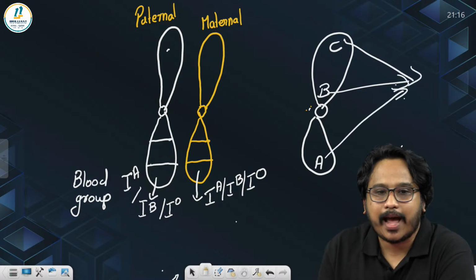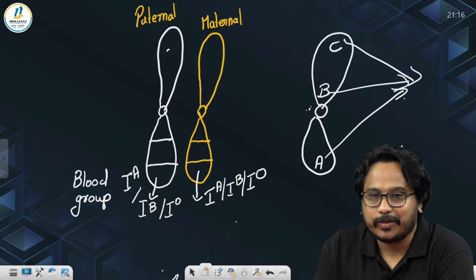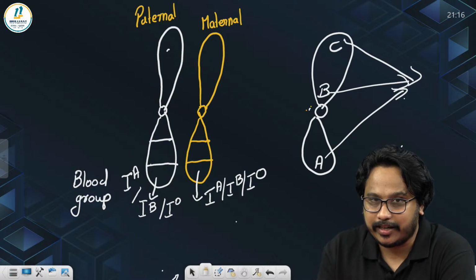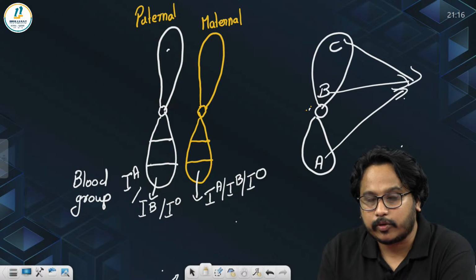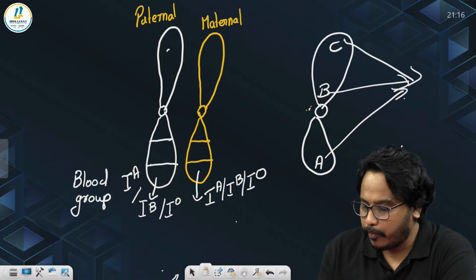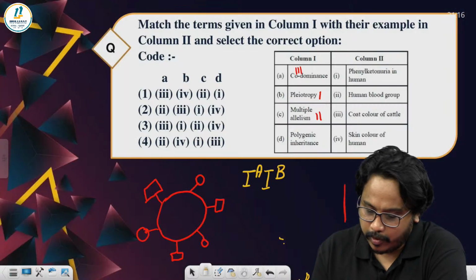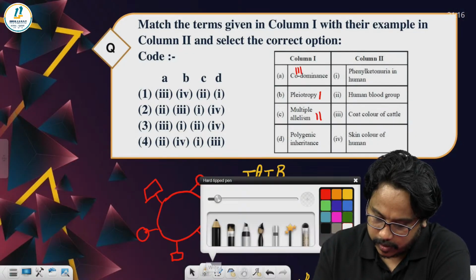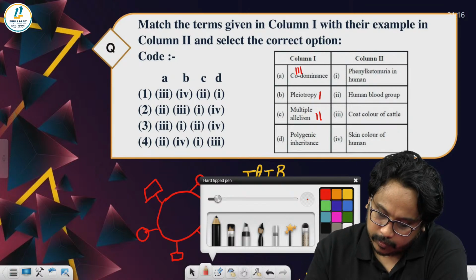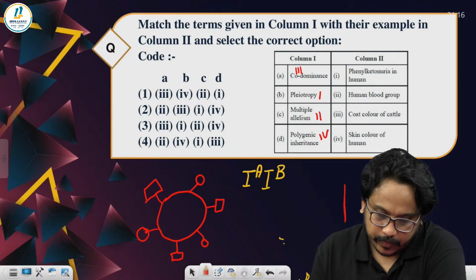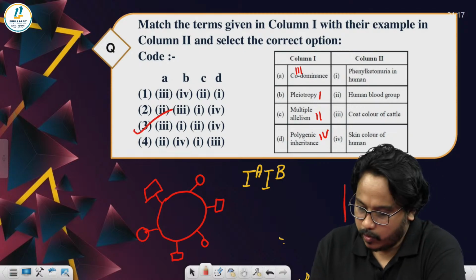They all act together in order to bring one single character. That is called polygenic inheritance. More than one set of genes trying to influence or make a character is called polygenic inheritance. So human skin color is an example of polygenic inheritance. Further I am not discussing that. Here the option for polygenic inheritance is 4. So the answer is 3, 1, 2, 4. Hope you got it.